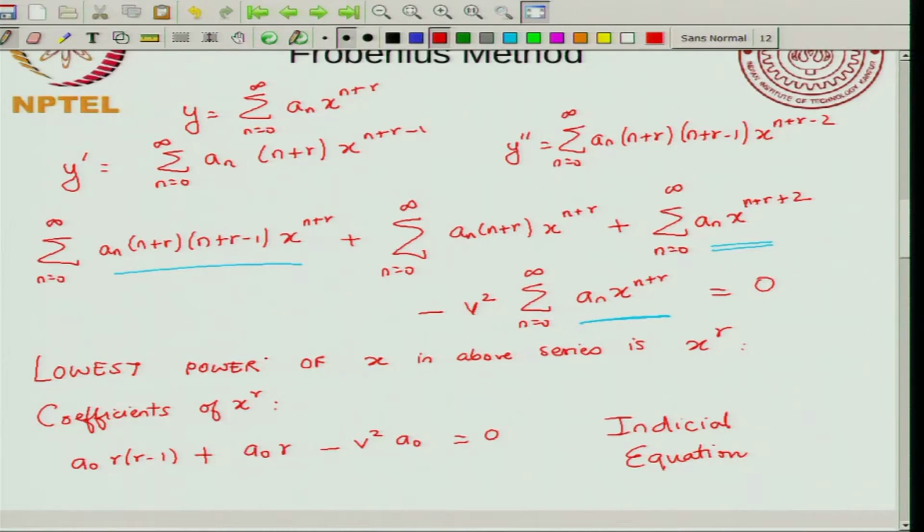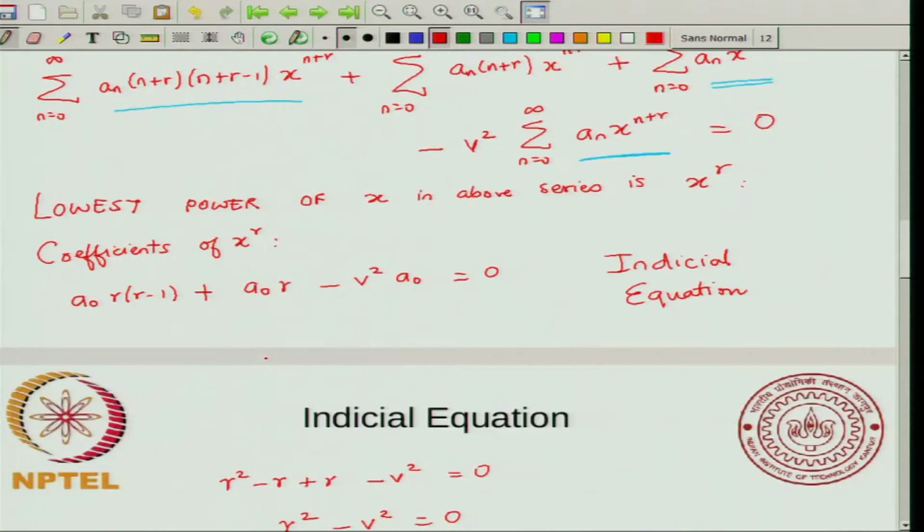Now what we are saying is that r equal to v, and v is a positive integer. So we have these two conditions. If we take the recursion relation that we had and put in v instead of r, and say that v is a positive integer, let us just go ahead and do that.